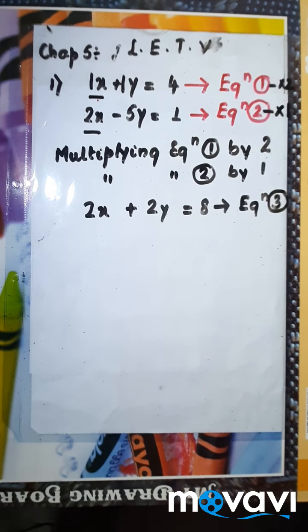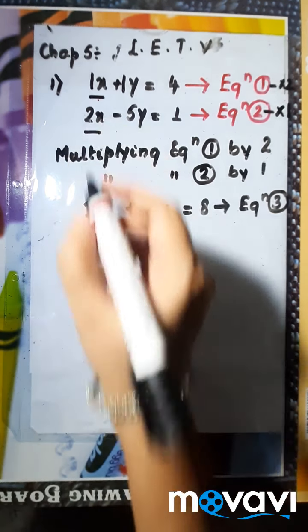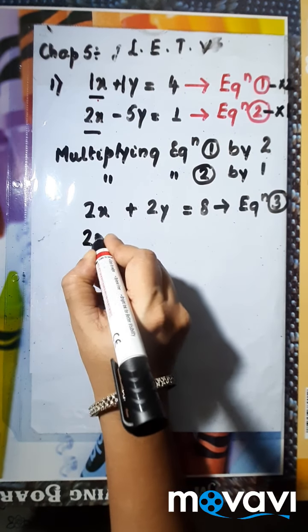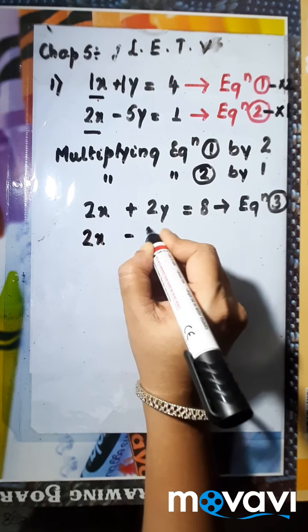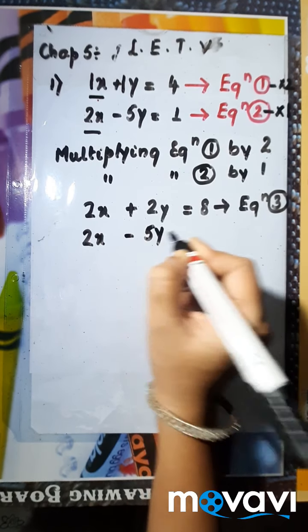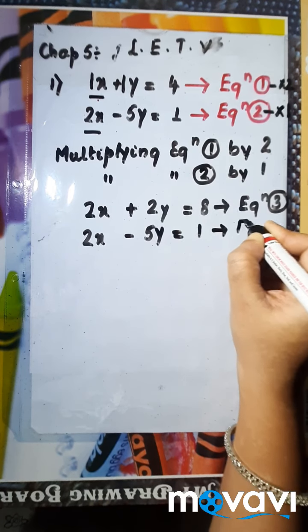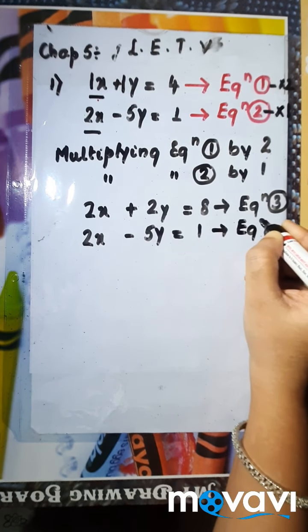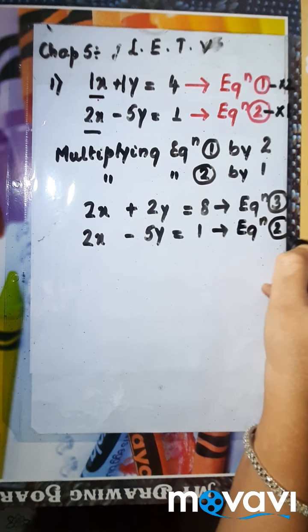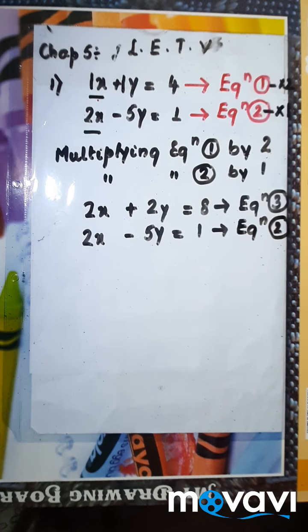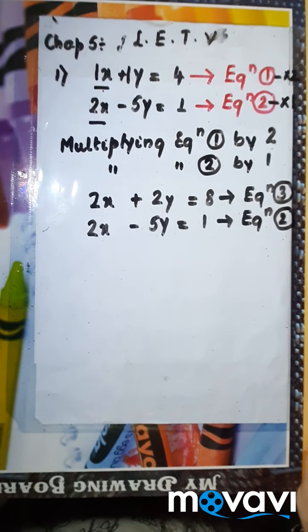Now look at this. This is 2x minus 5y because I am multiplying by 1. I am not making any change, is equal to 1. This is my equation 2. I am not changing this equation. Is that clear? It is equation 2 itself.